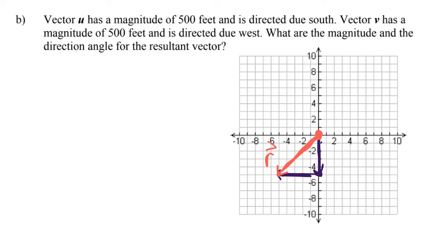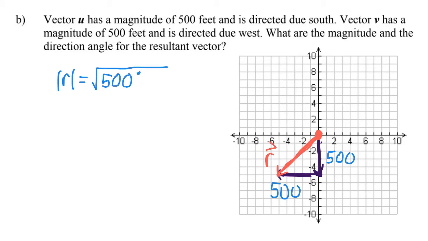So this first vector was 500 feet south, and we had 500 feet west. And so if we need to know what the magnitude is of that resultant vector, well, again, the magnitude of that resultant vector r is going to be the square root of 500 squared plus another 500 squared.